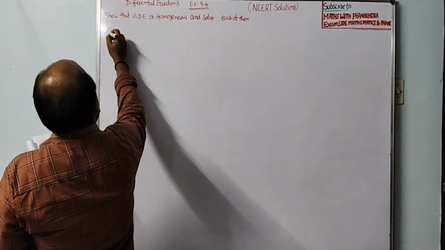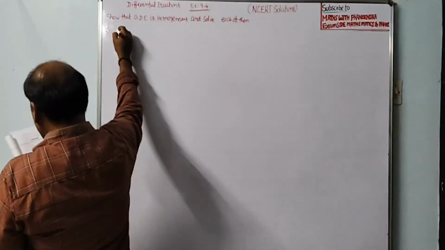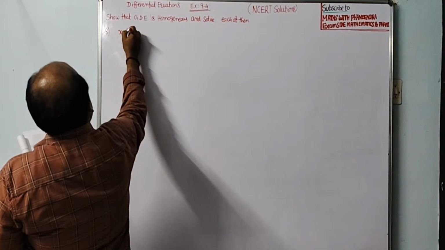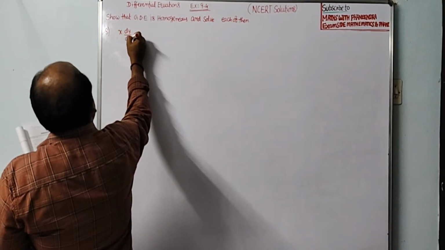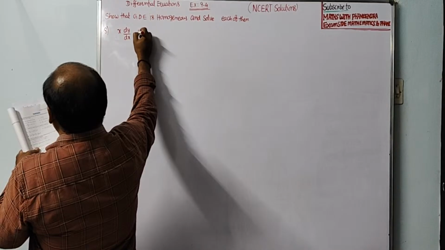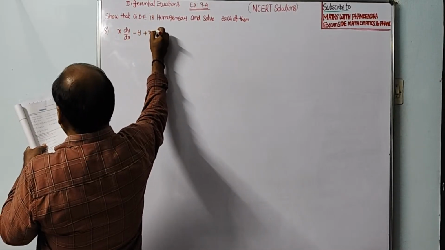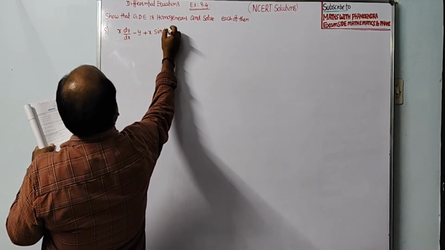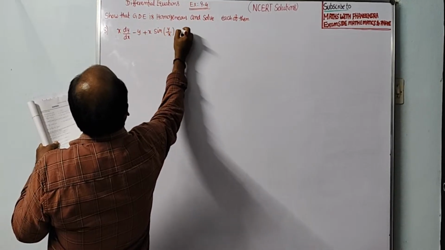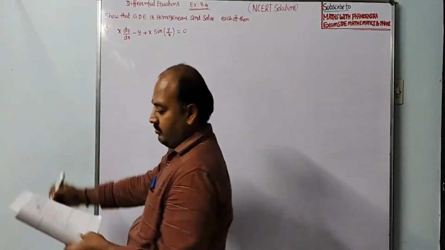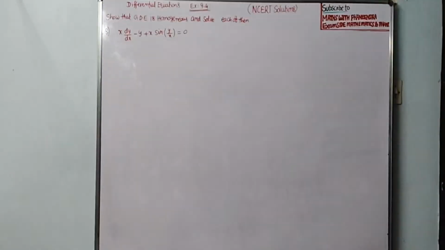Question number 8. X into dy by dx minus y plus x into sine of y by x is equal to 0. This is the next question what we have.